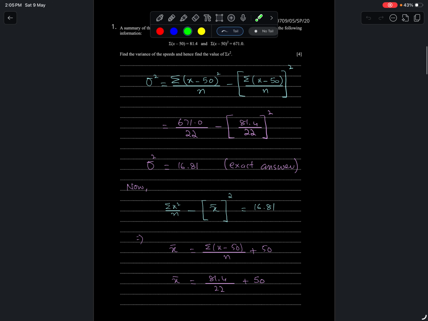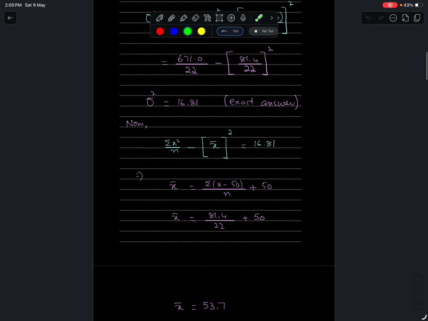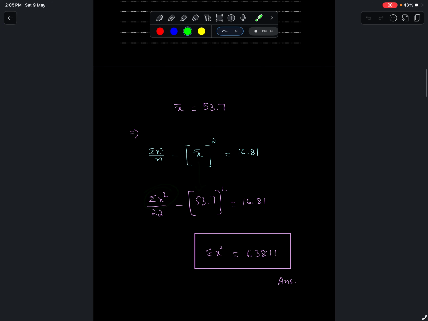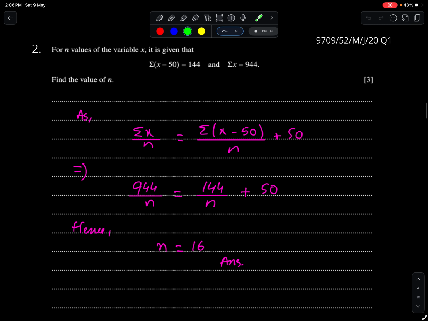Please check this solution. This question is very important. First get sigma square, then get x bar with the help of this mean formula, and then substitute mean here and get sigma x square. Here we need the value of n.